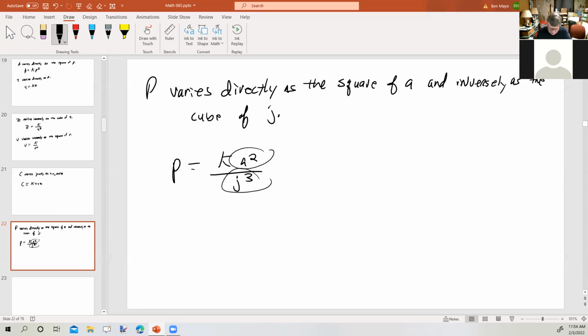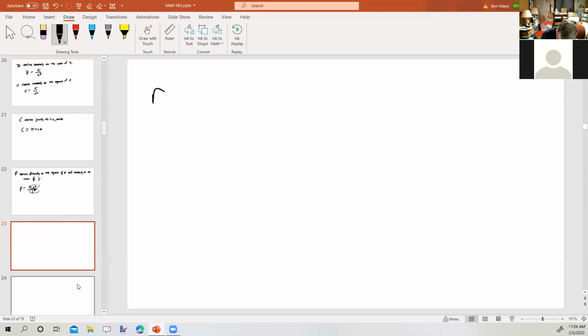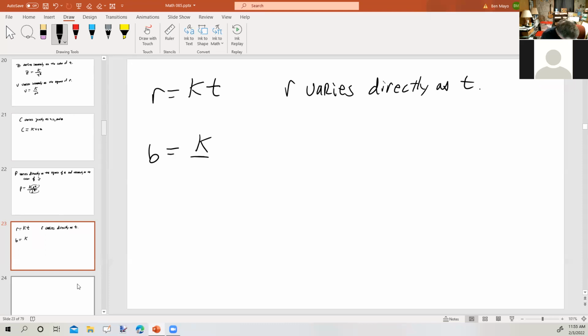All right, now we're going to go the other way. I'll write the formula, then we'll put it in words. R equals KT. So R varies directly as T. B equals K over H. B varies inversely as H. Let's see here.